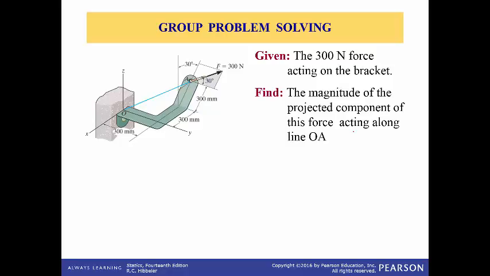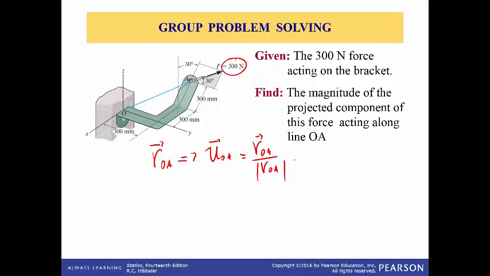Again, here is the same situation. It asks for the projection of this 300 Newton force along the line OA. So the position vector now is from O to A. You need to find that position vector and then obtain your unit vector, which would be ROA divided by its magnitude.